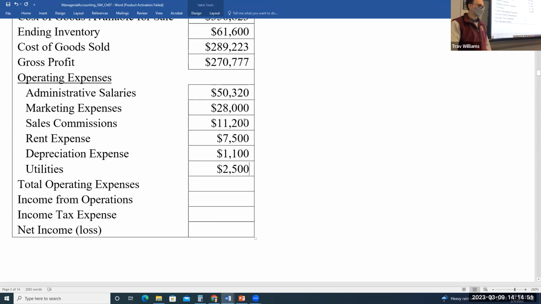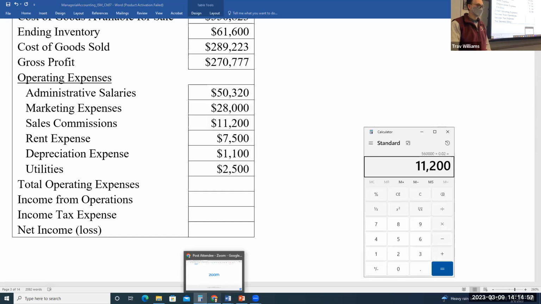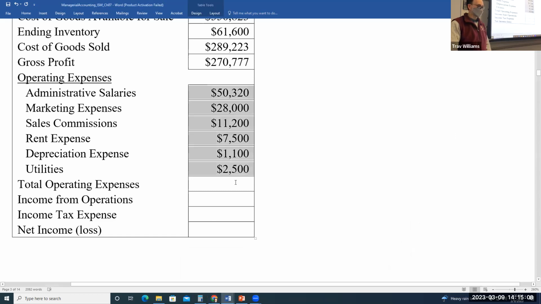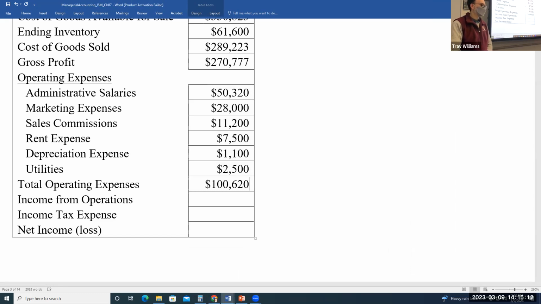Okay. So we can then add up all of these operating expenses to get our total operating expenses. $100,620. All right, then how would we get our income from operations?